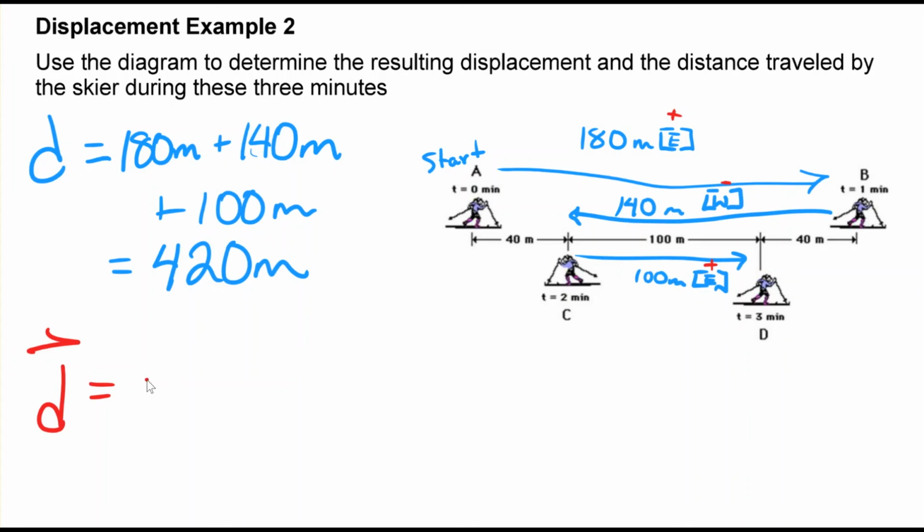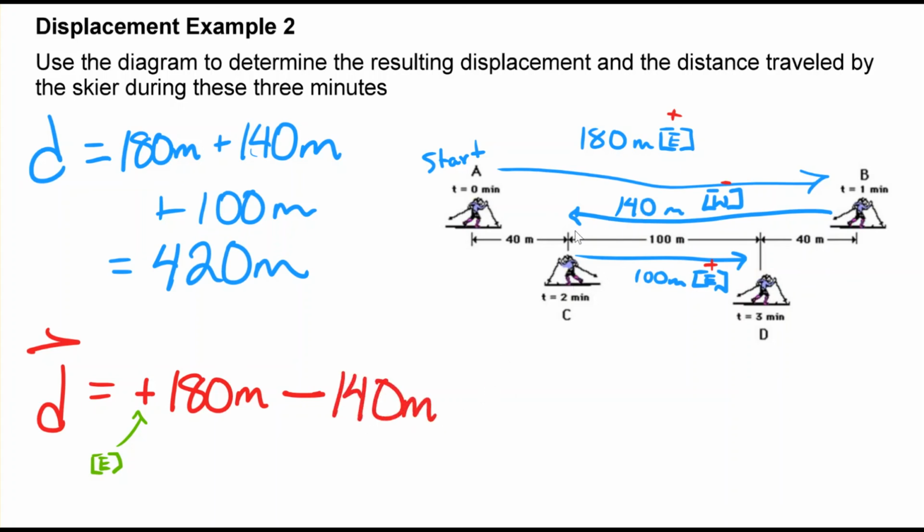So we went positive 180 meters, which means in the east direction. I'm just using a different label here. So we went positive 180 meters and then we went back, so that's a negative direction, 140 meters.